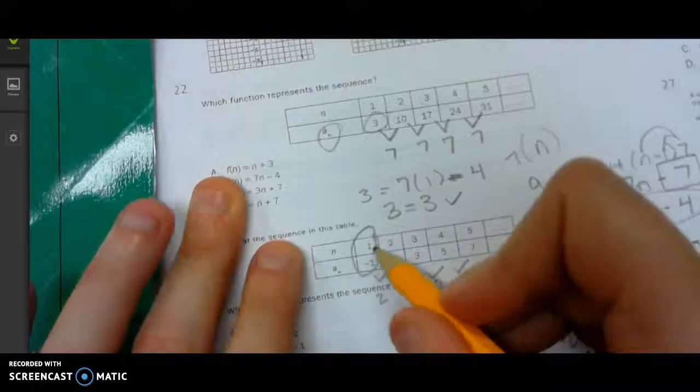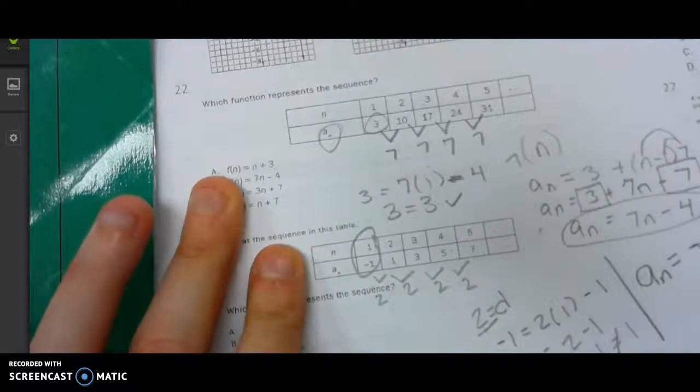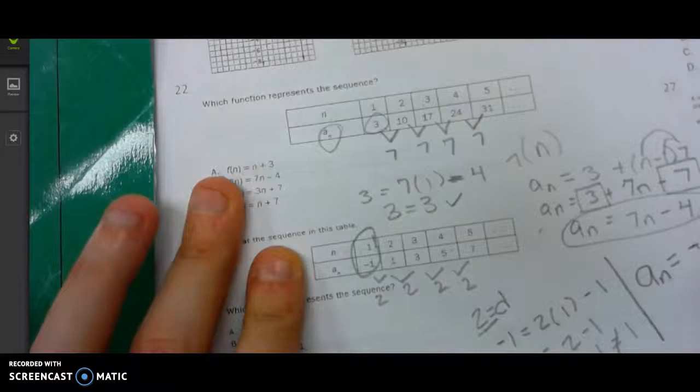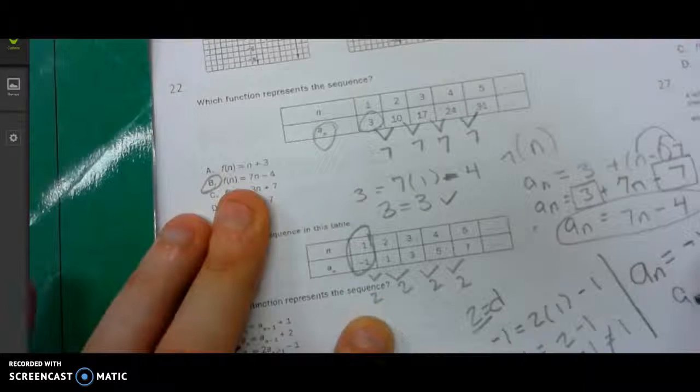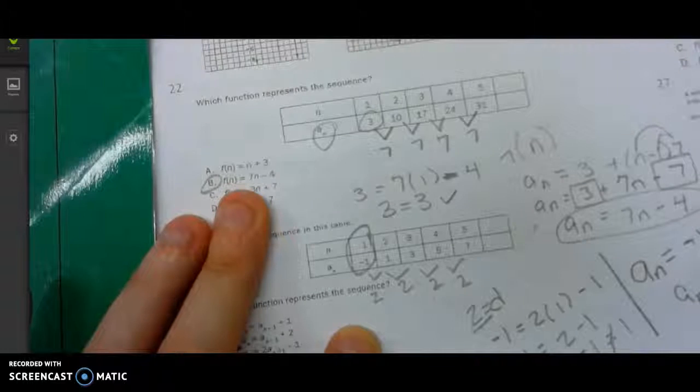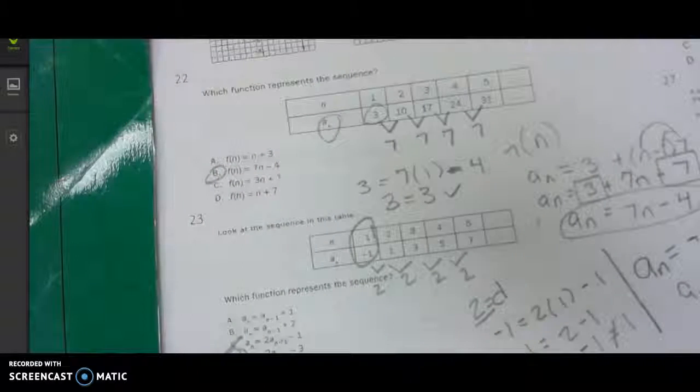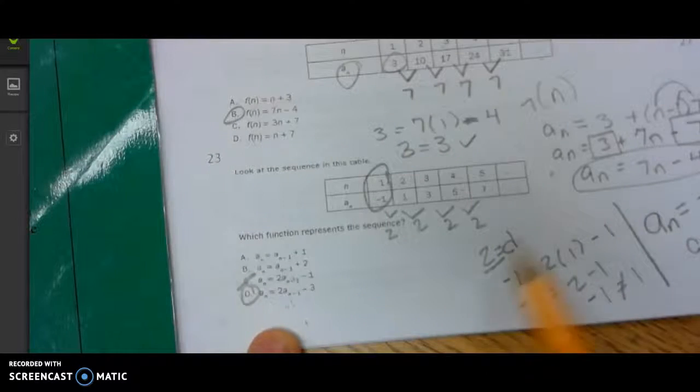I'm looking at where n is 1, what an is, plus n minus 1 times d, which is the common difference, so that's 2. We'll distribute: an equals -1 plus 2n minus 2. Combine my like terms, which is what we got the other way.